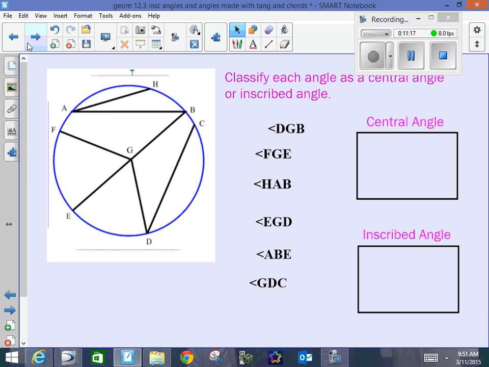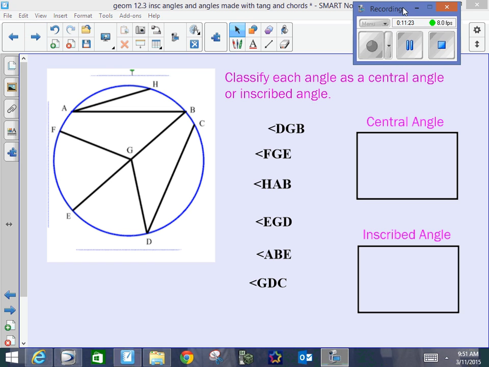Okay, I couldn't find my protractor, so let's just decide. Real quickly, we're going to classify each angle as central or inscribed, because the measures of them are totally different and you have to know the difference. DGB, central angle or inscribed?